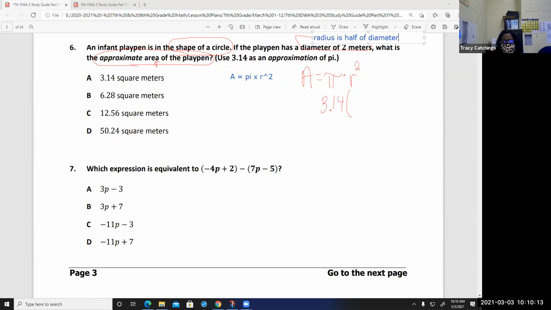Radius is half of the diameter. So if our diameter is 2, that means our radius is what? All right, so now we have 1 squared. That means multiply. What is 1 squared? 1. That's 1 times 1, that's what the square means. And 1 times 3.14. Good job.